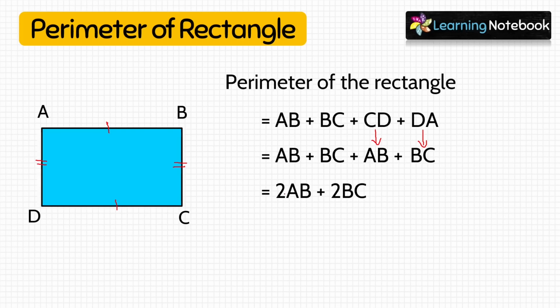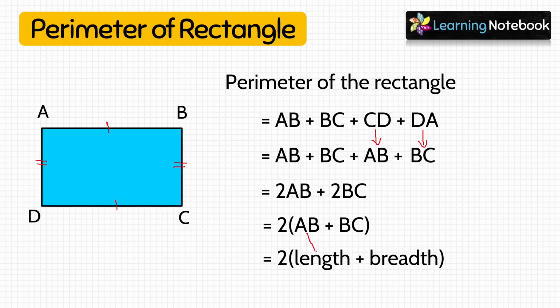So perimeter of the rectangle equal to 2 into AB plus BC, where AB is the length of the rectangle and BC is the breadth of the rectangle. So we can simply remember the formula of perimeter of rectangle as 2 into length plus breadth.